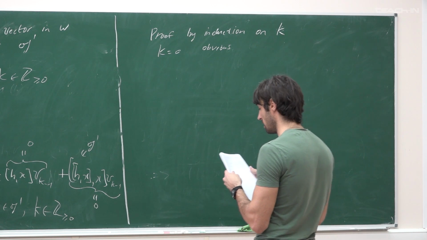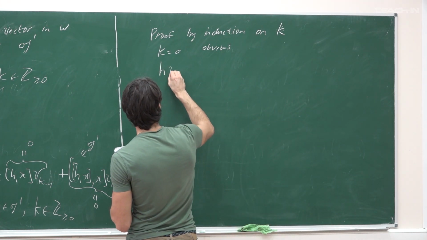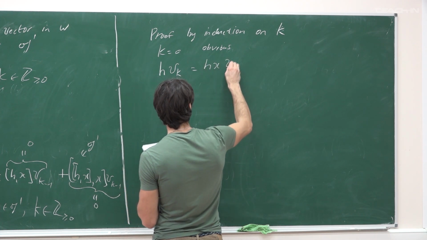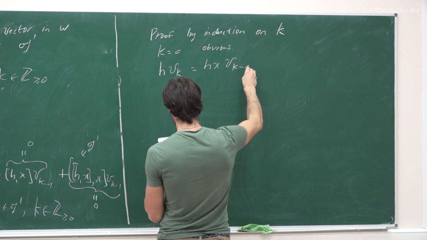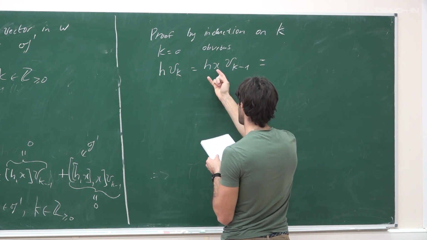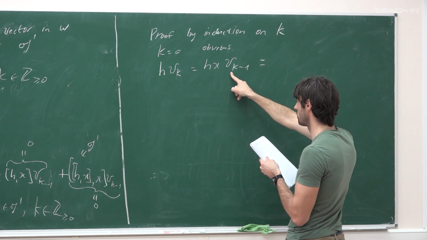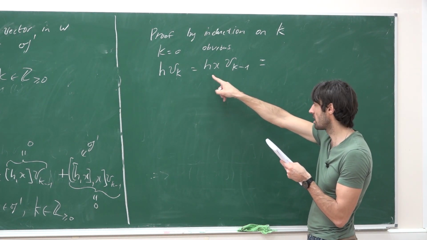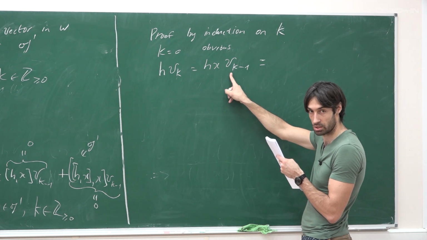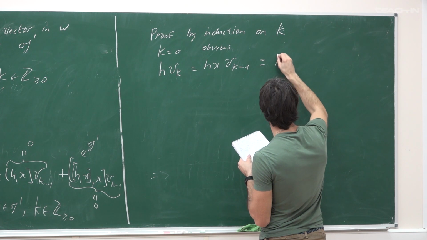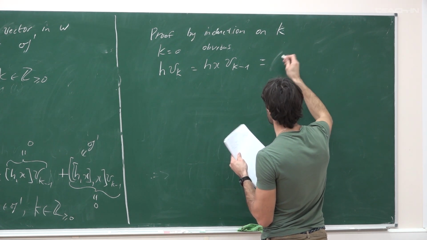And then H Vk is H x Vk minus 1. So I commute, H hits Vk minus 1. By induction assumption, this will be lambda of H Vk minus 1. And then x hits it, right? Okay, let me not skip it.